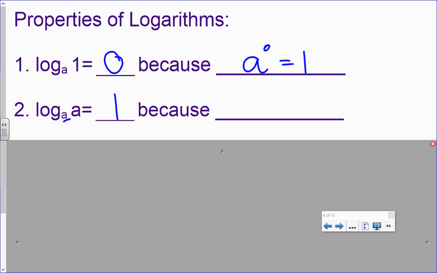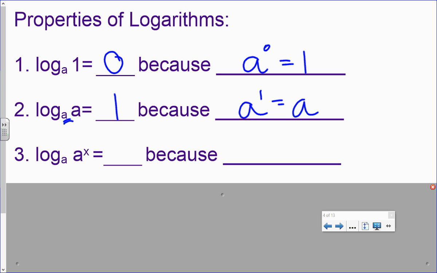Why is it 1? Our base is A. We raise it to the first power and get A. A to the first power equals A. Okay. A logarithm is basically asking, here's your base, what's the exponent that'll give us what's inside?